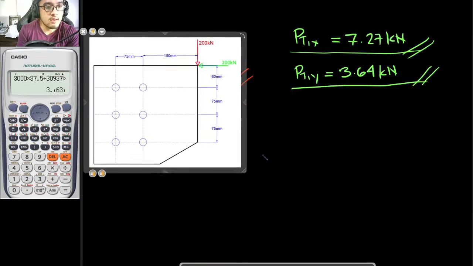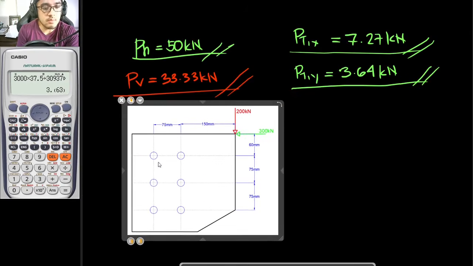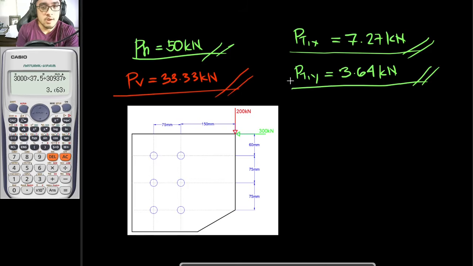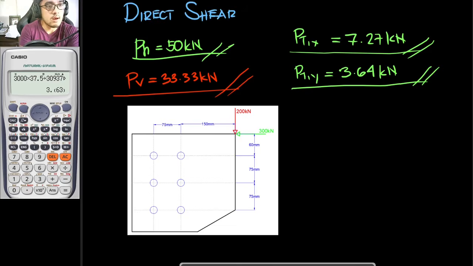Once again, the most stressed in this group is bolt number 1. So we have PH and PV. I'll make the direct shear blue, and this one right here is for torsion. Let's make torsional shear green for now.